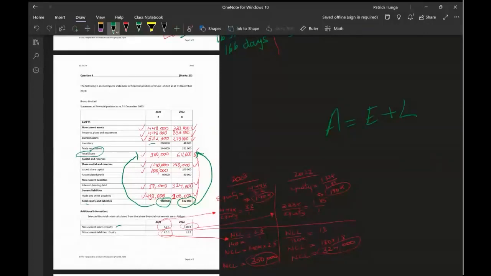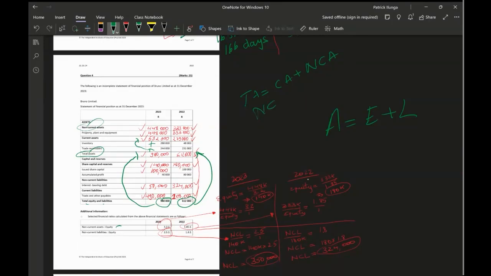Here it is. You just add these two together. That's how you get the current asset. Now, total asset equals current asset plus non-current asset. Now, how do you find this non-current asset?